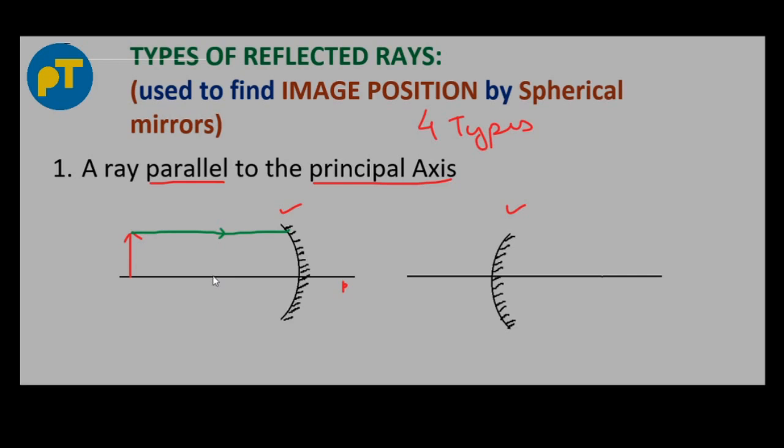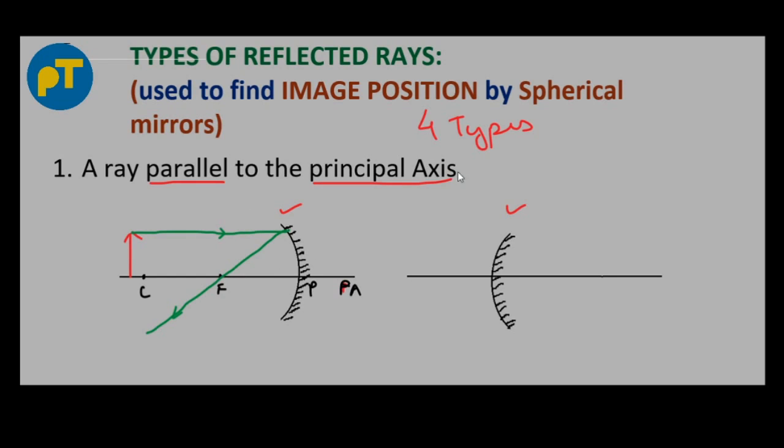Let's say there's a principal focus somewhere here, and this is the pole. It will bounce back and always pass through the principal focus. This is in the case of a concave mirror.